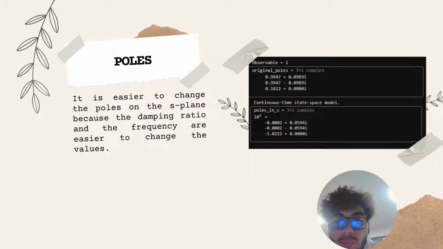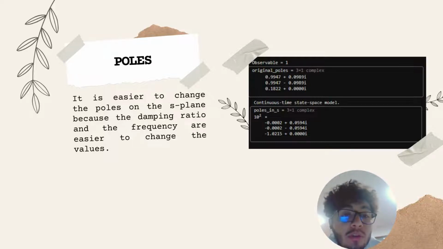Here in the fourth part with poles, it is easier to change the poles on the S plane because the damping ratio and the frequency are easier to change. So here we have the original poles, in the observable equals 1, and then we transform our poles into a continuous time state space model.